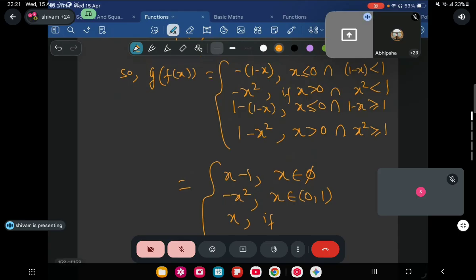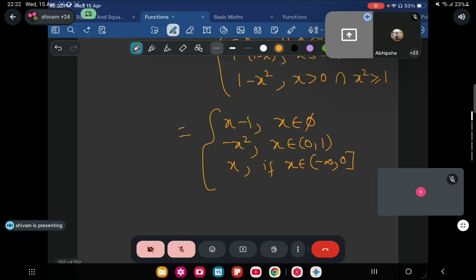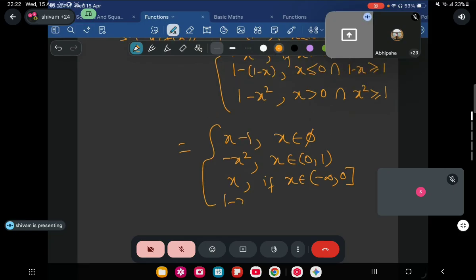So from here, x belongs to (minus infinity, 0], 0 closed. And lastly, 1 minus x square when x is greater than 0 and x square is greater than or equal to 1, so x belongs to [1, infinity).